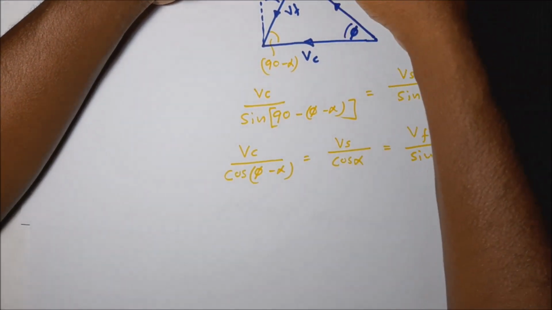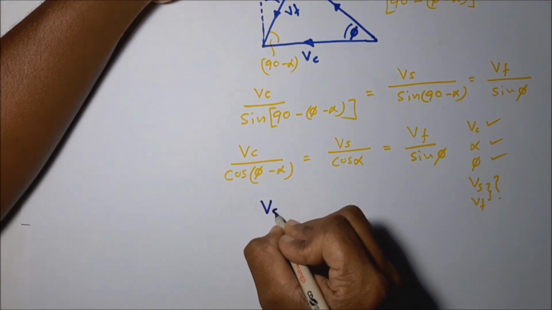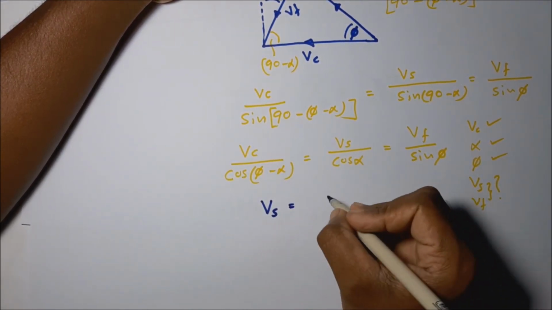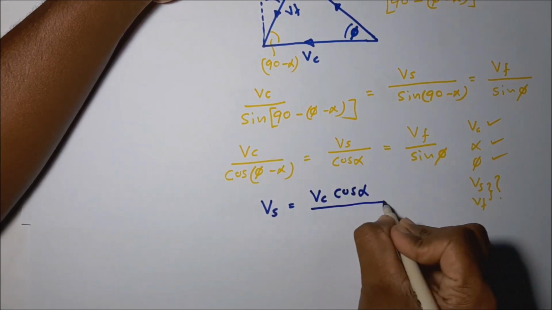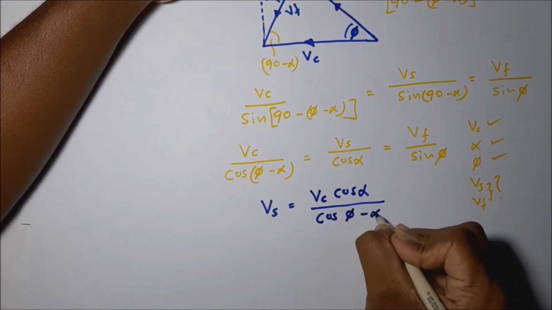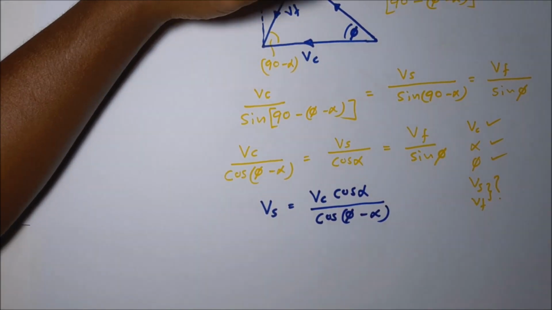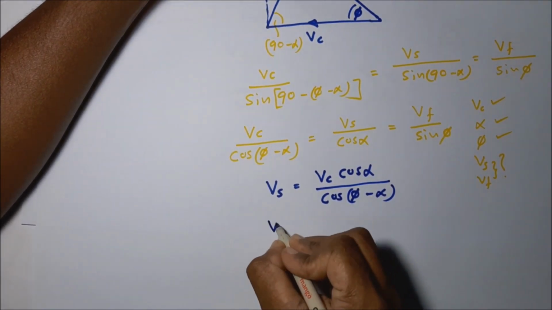So I am going to find these unknown parameters using the known parameters. We can write the Vs equation: Vs is equal to Vc cos alpha divided by cos(phi minus alpha).